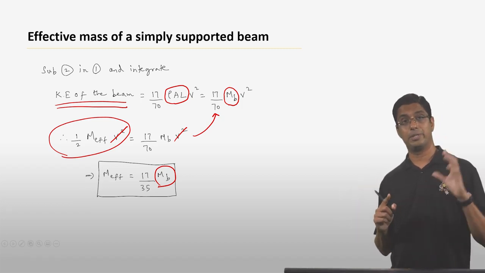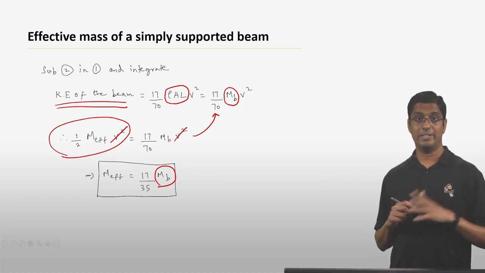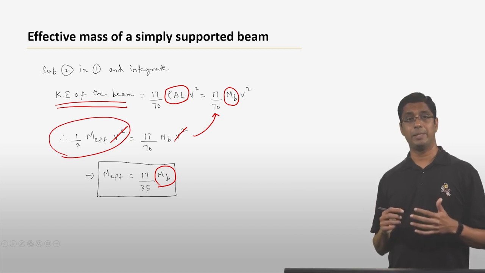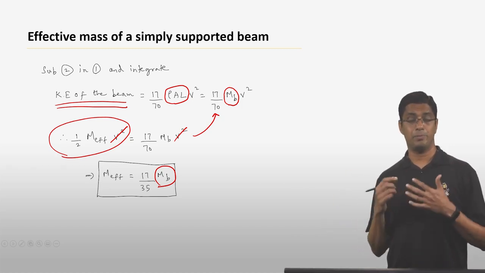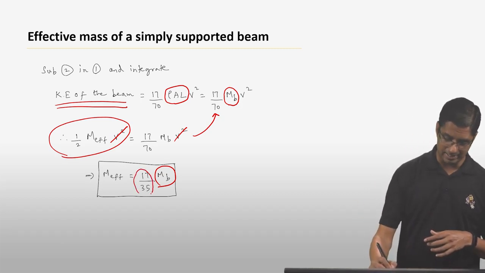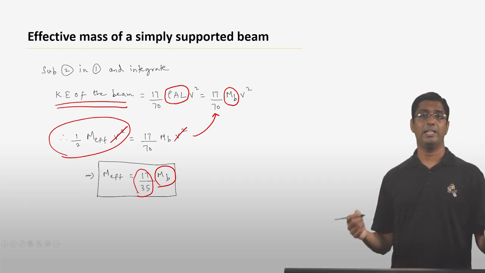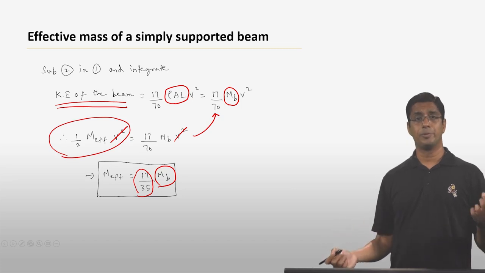Similarly, if you think about our effective stiffness, we showed that the effective stiffness does not depend on the force. Similarly, the effective mass of the beam does not depend on the velocity. The effective mass depends only on the mass of the beam. Of course, you have this factor 17 on 35 in front of it, because not every point in the beam is moving at the same velocity.